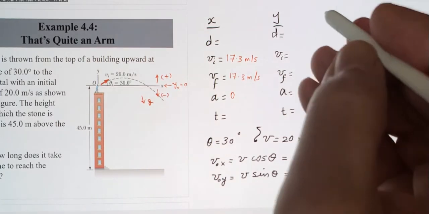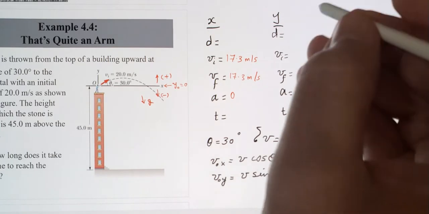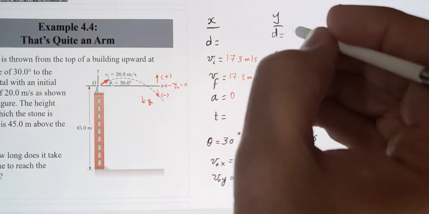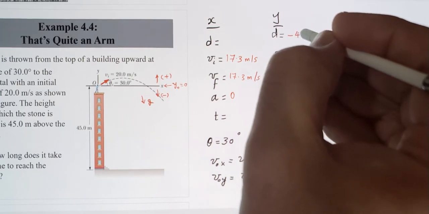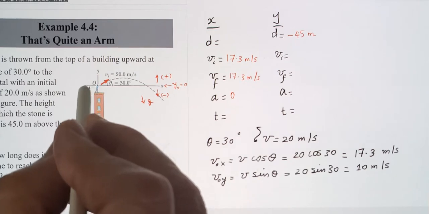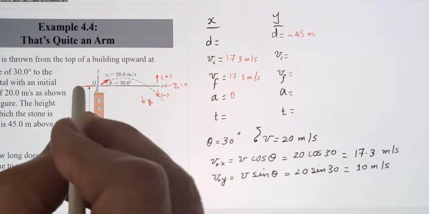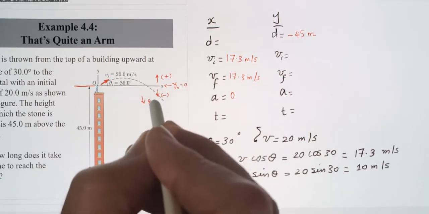Okay. In the y, we know that the distance is minus 45 because this is our reference. Below our reference is negative. We said downwards negative.